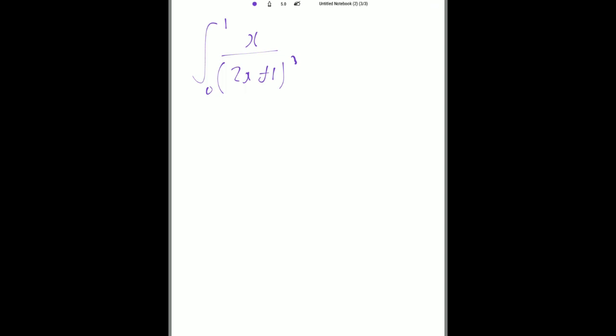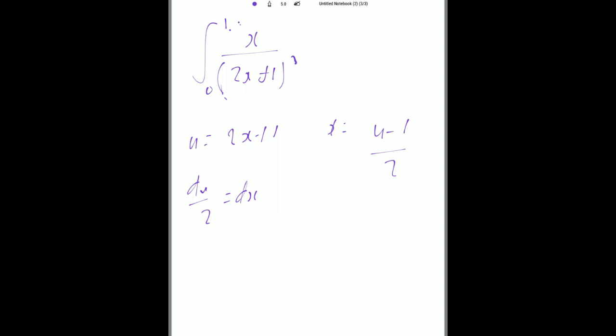Now we're going to be using substitution here, but I want you to take note of how using substitution in doing definite integrals actually affects the limits, the 0 and the 1 that we have here. We call those limits. So we're going to be saying u is equal to 2x plus 1. So du over 2 would be equal to dx, and x would be equal to what? u minus 1 all over 2.